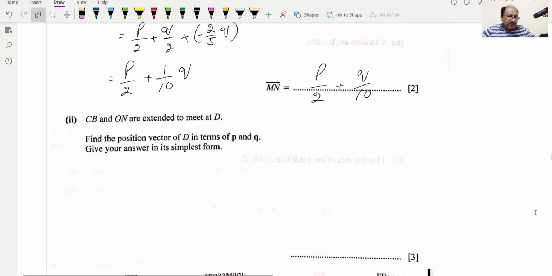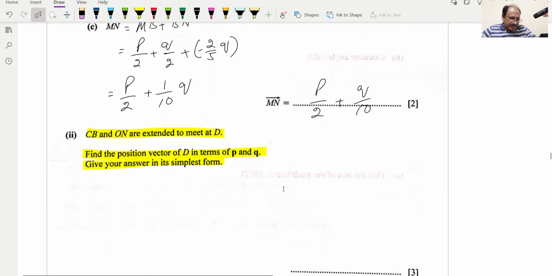Then next, the second part says CB and ON are extended to meet D. Find the position vector of D in terms of P and Q. Give your answer in simplest form. For this question, we extend CB and ON.